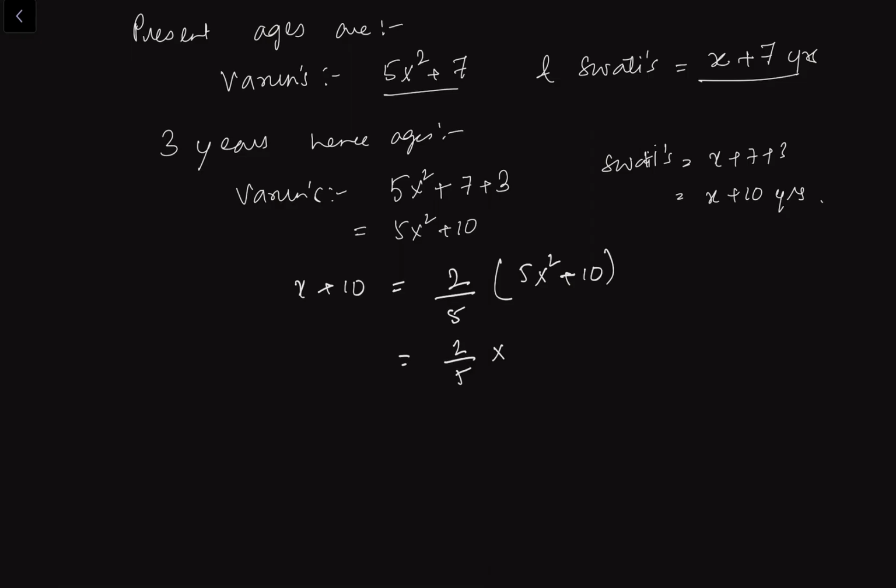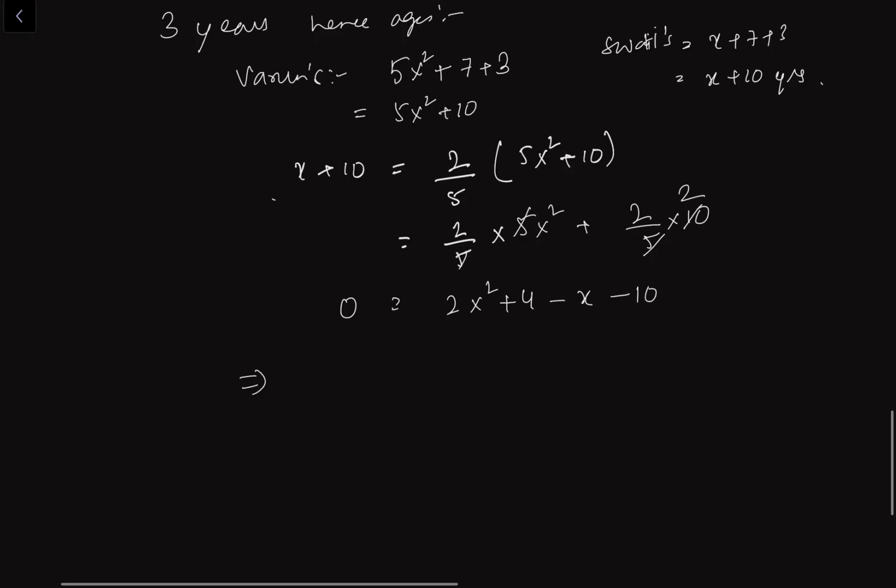So it is 2 by 5 into 5x squared plus 2 by 5 into 10, that is equal to 2x squared plus 4, minus x minus 10, and here we have 0. So I take these positive terms to the other side. So 2x squared minus x minus 6 is 0.